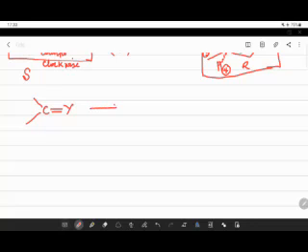CCY in the Cahn-Ingold-Prelog system simply means you have a C that is attached this way. It means there is the Y, which is directly attached to this carbon, and there is a Y that is directly attached to that carbon, and then there's a C.